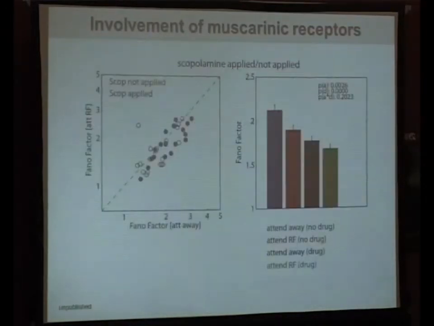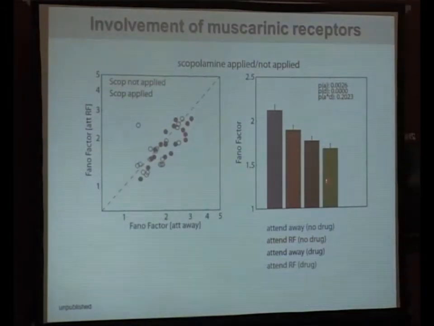But again, it had no differential effect on how much attention reduced the Fano factor. So what you see here is Fano factor attend away, Fano factor attend RF, no drug, Fano factor attend away, scopolamine applied, Fano factor attend RF, scopolamine applied. And there is certainly no significant interaction between drug application and Fano factors.